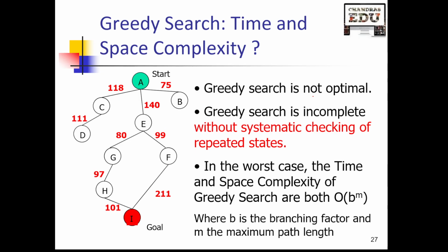Next, conclusion. In conclusion, we can say that greedy search is not optimal. And next, greedy search is incomplete. Why we are saying incomplete means sometimes it may not give the solution and it will be going on repeatedly in an infinite state itself, without systematic checking of the repeated states. If we have repeated states, it is nothing but incomplete.